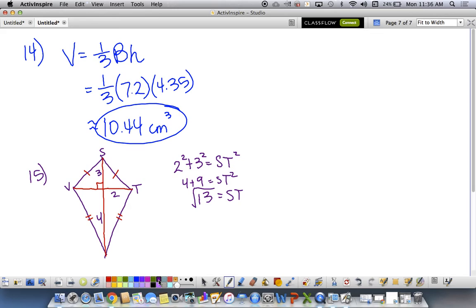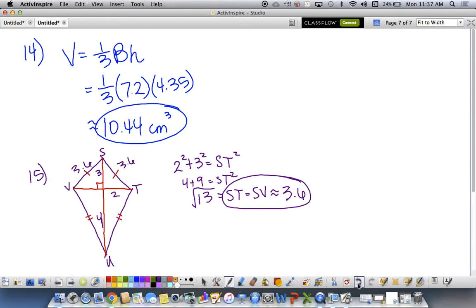Do they want square roots? No, they asked for the nearest tenth. Please read the instructions. And ST equals SV, and they're both approximately 3.6. Ooh, extra little line there. Okay, so that gives me these up here. 3.6. What about T to U and V to U?